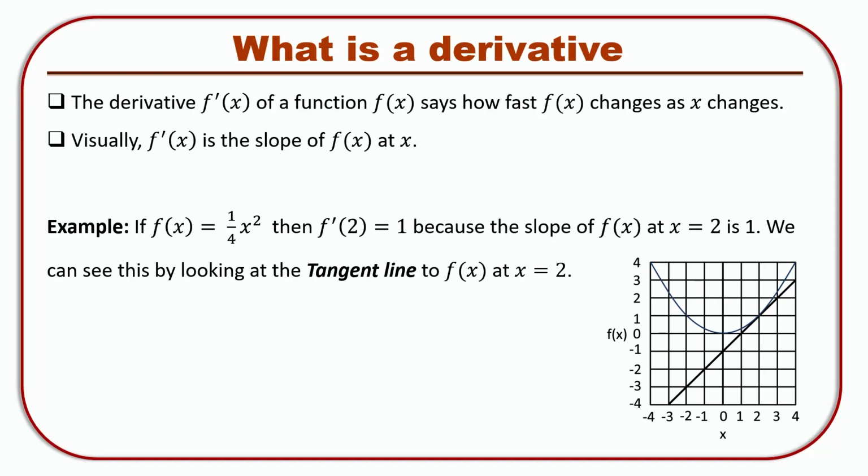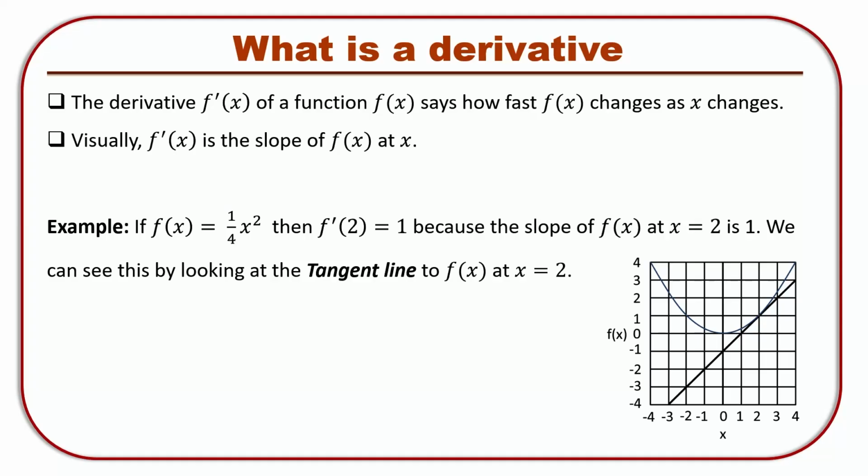So what is a derivative? The first question we all ask. The derivative f'(x) of a function f(x) says how fast f changes with its argument, that means with its x. So if you have a function with respect to some domain x, then how fast it changes at one point gives you the derivative. Visually, f'(x) is the slope of f(x) at the point x.